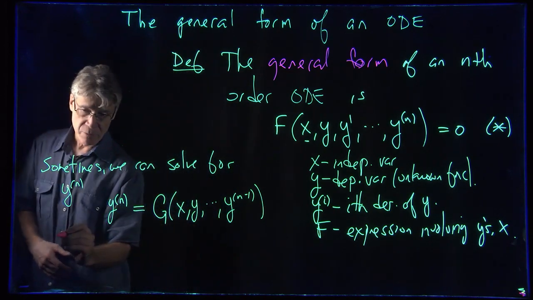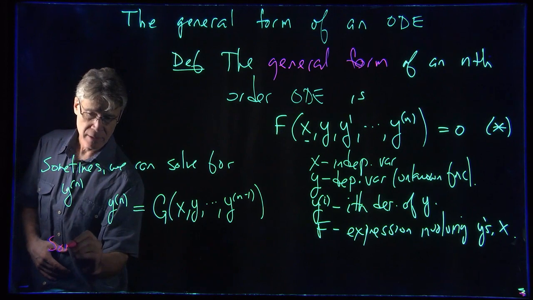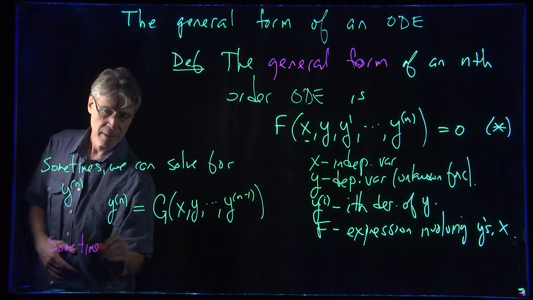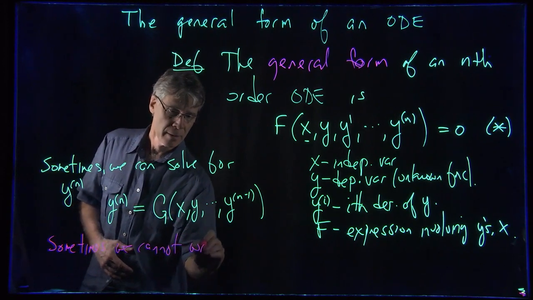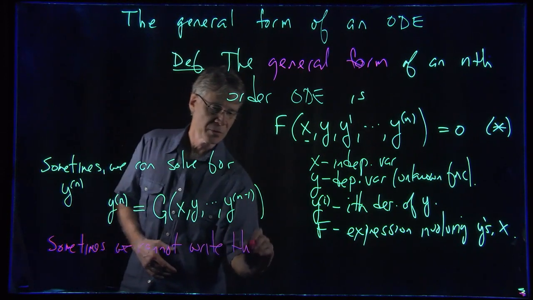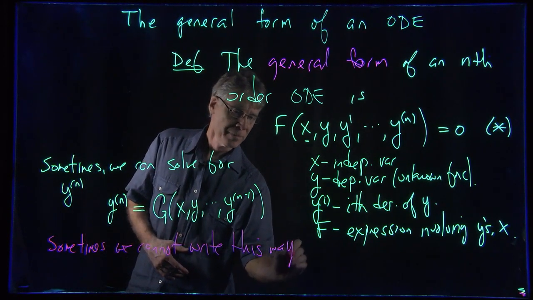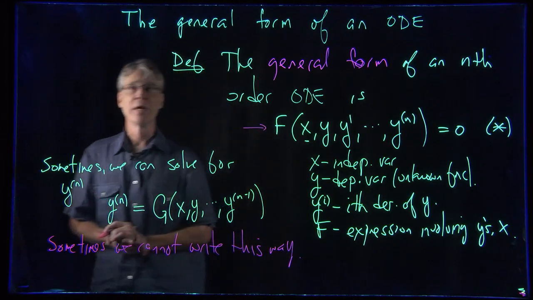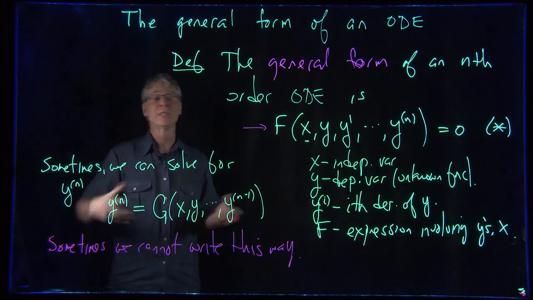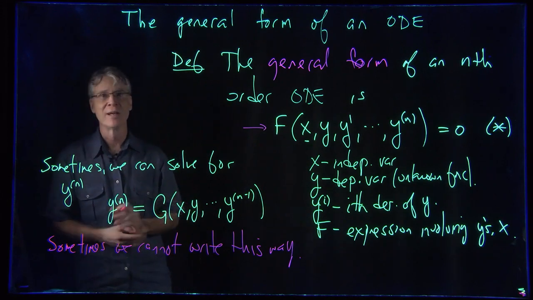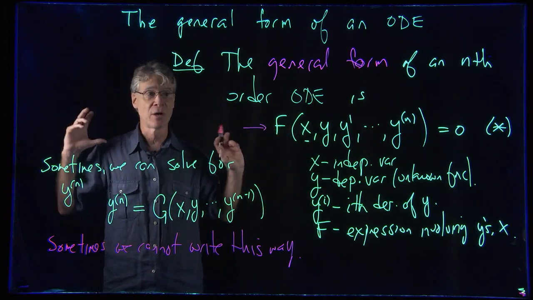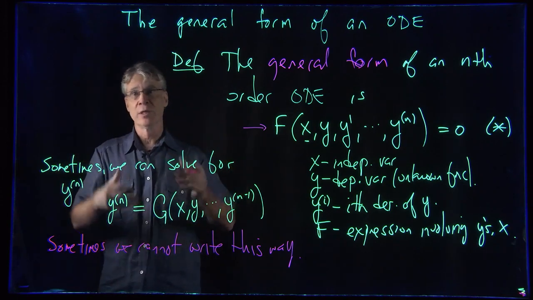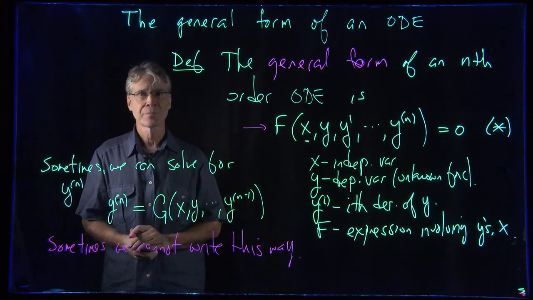And the reason why I'm writing this is that sometimes we cannot write it this way. Any differential equation can be written in the first form, where you just take everything, it is an equation after all, you take everything and bring it over to the left-hand side, and you basically just call this a differential equation of order n.